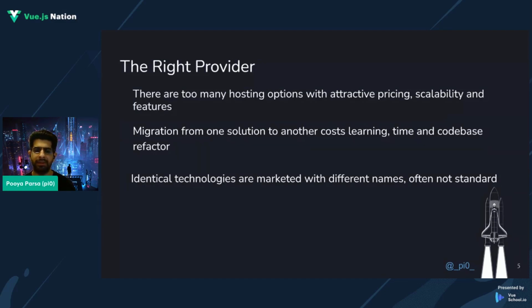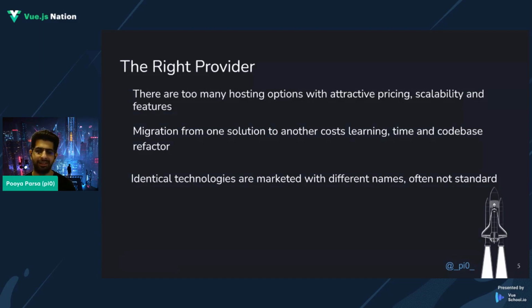And the third thing, which concerns the frameworks right now, is the different names for the technologies. These technologies are often not standardized. Like the way caching is integrated in different providers, because of marketing reasons and other things, is usually not the same, while technically they are the same, which is confusing for the end users, and by end users, I mean developers.